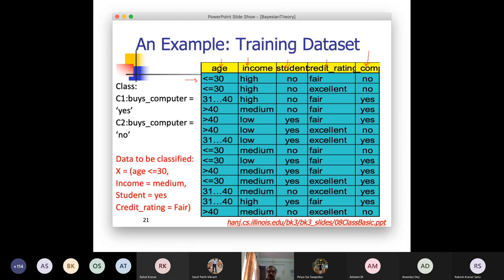And for computing this posterior, you can use this particular training data, these training samples. So that means I need to compute the posterior.